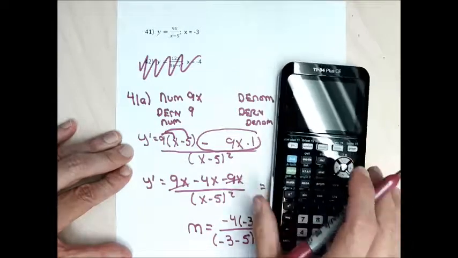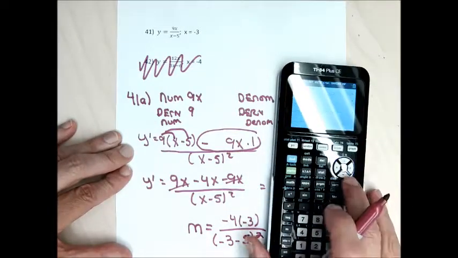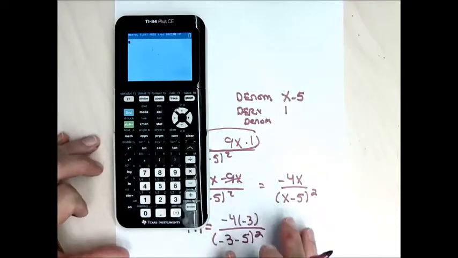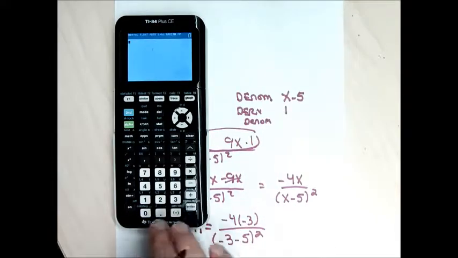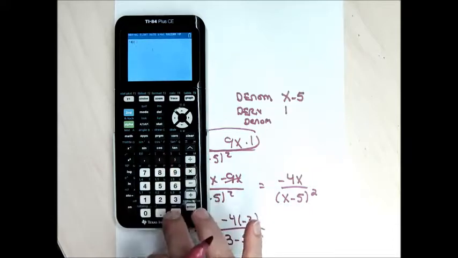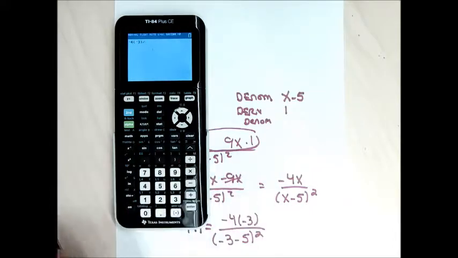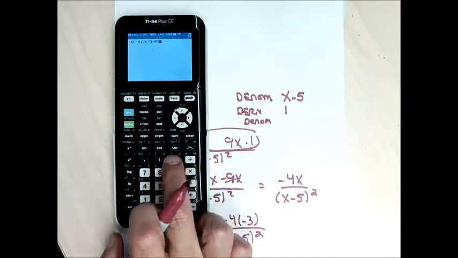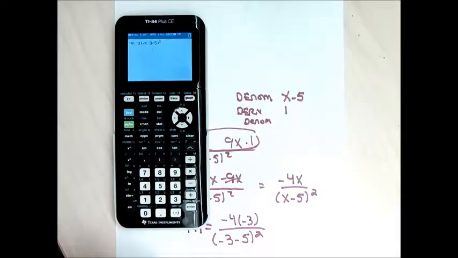Don't care to do that by hand, but you can. Let me do it on my calculator. So on my calculator, I did negative 4 times negative 3 divided by parentheses negative 3 minus 5 squared. When I say negative, I use the minus in the parentheses.